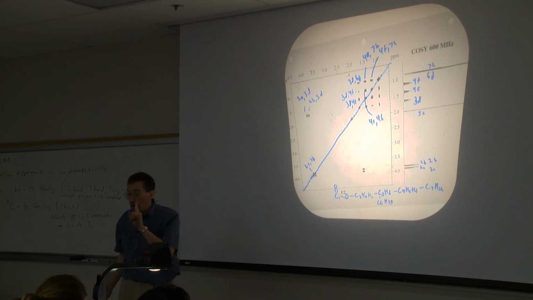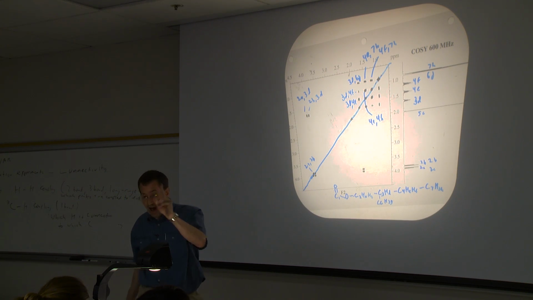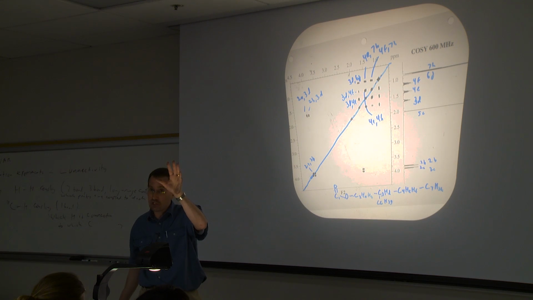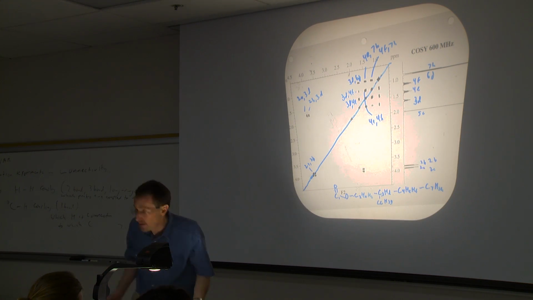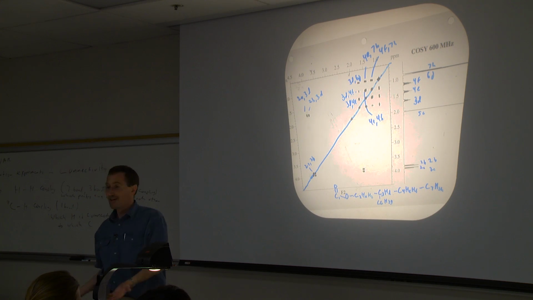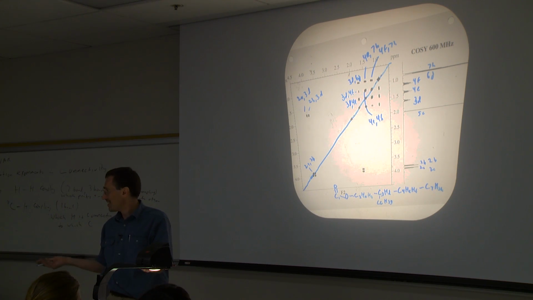We still have one carbon we haven't placed. Number 5, carbon 5 that's attached to HE. There are 3 HEs. It's a methyl group. Remember, that's the one that's at 2.1 parts per million. Methyl group, 2.1 parts per million.